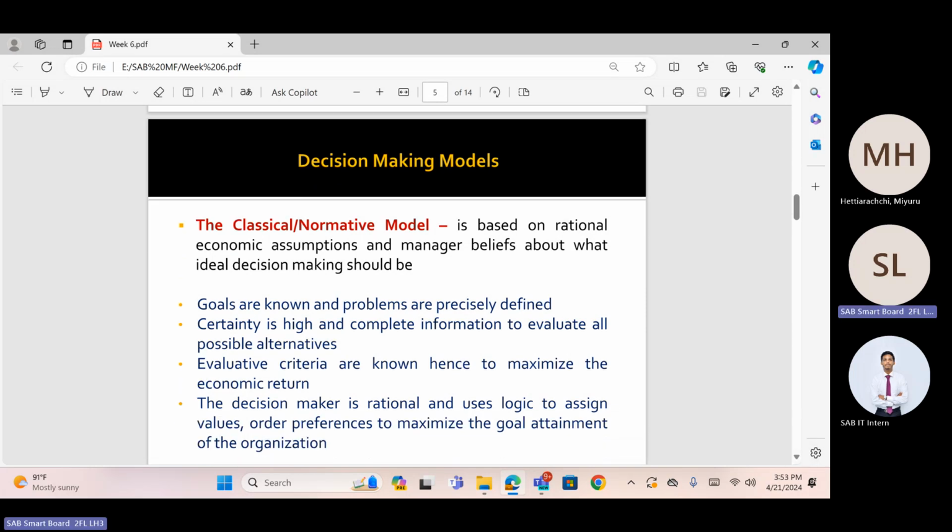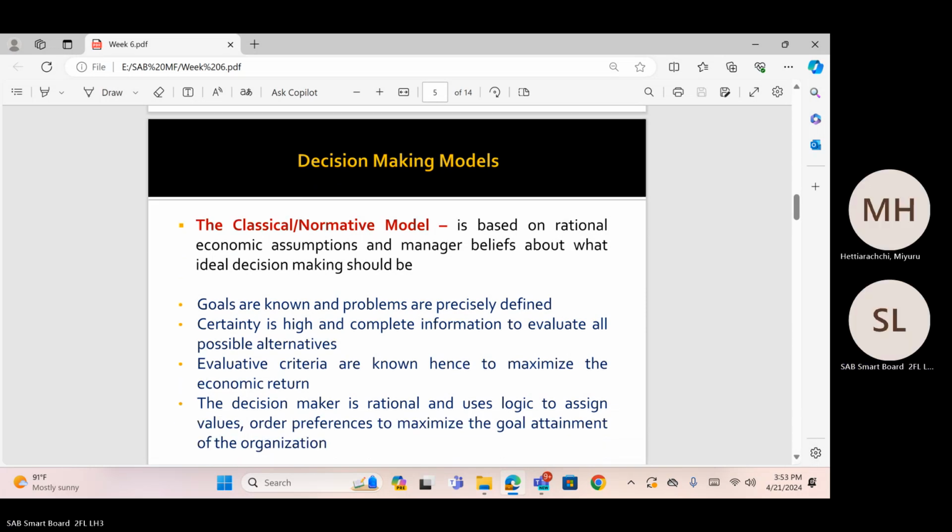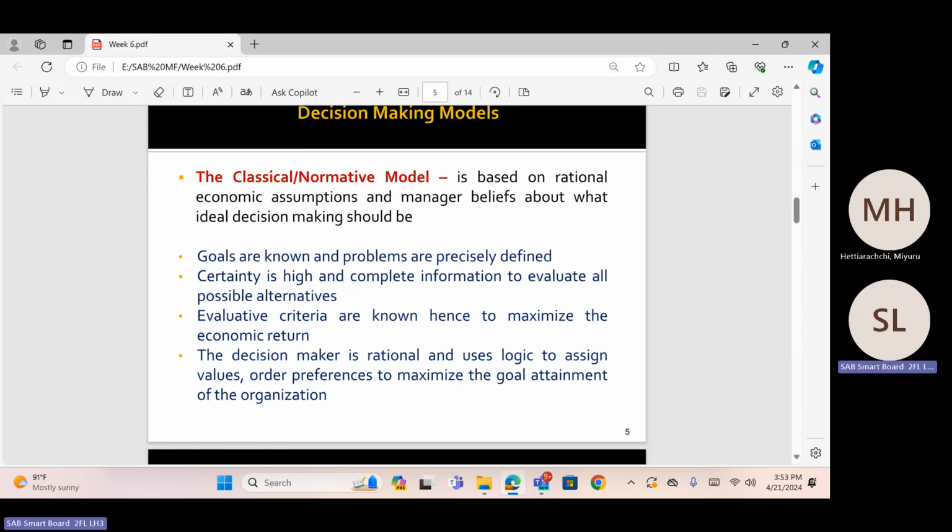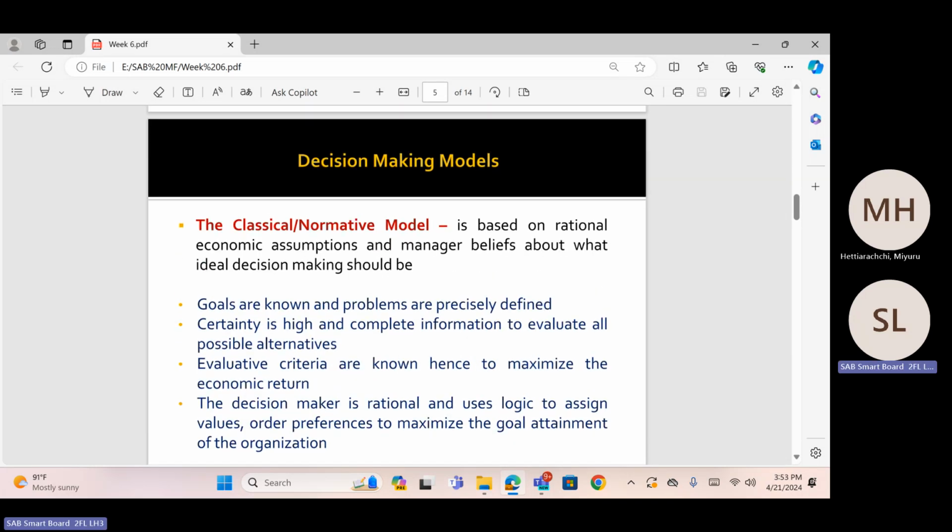Right, this is the first model we should consider. That is called the classical decision making model, or rational decision making model, or normative decision making model.